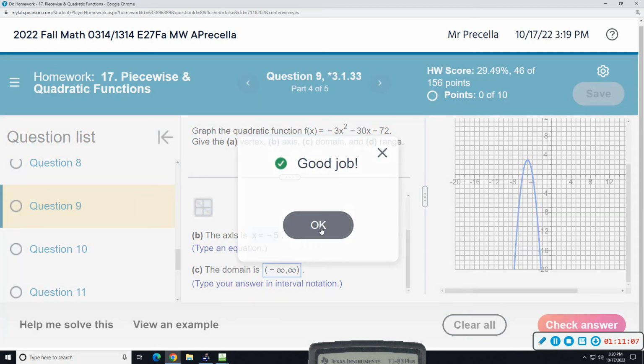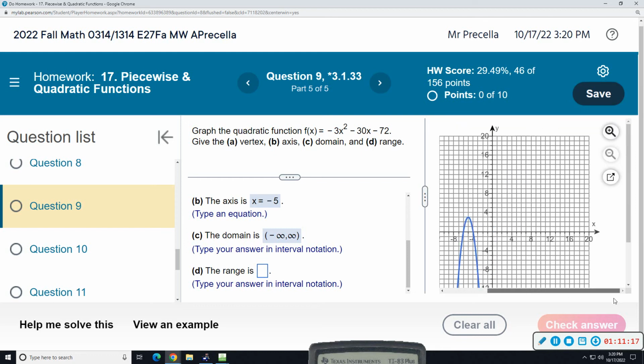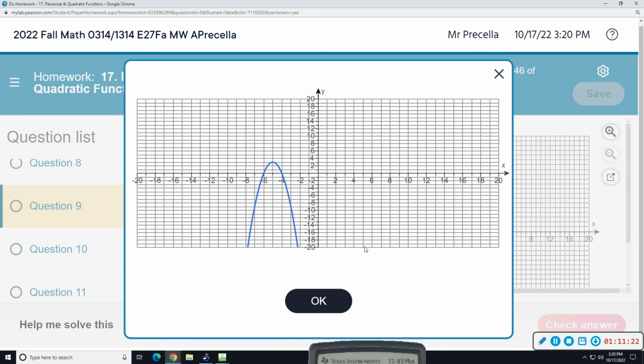Now, for the range, you have to look at the graph. Now, the range takes some thought. Let me see what I can do here. No, let's see if I can do it right there. There it is. Is the vertex corresponding to a maximum y value or the minimum y value?